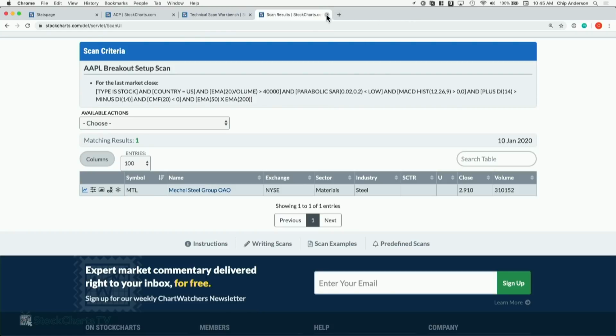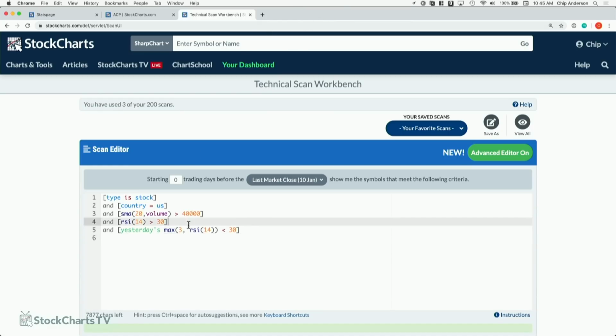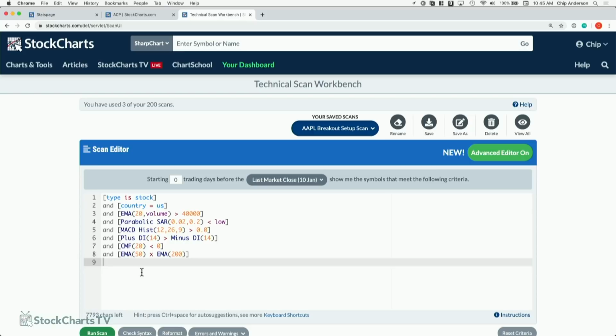I'm going to go back though. But I can still experiment with my scan. That's actually, whoops, that's my old scan. Let me get my new scan back in here. Just because when I ran the scan today, I got one result, I still have a lot of work to do. I need to start playing with this box up here at the top. This is the starting box, the number of days ago.